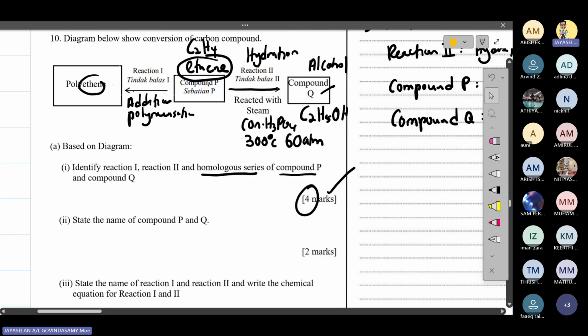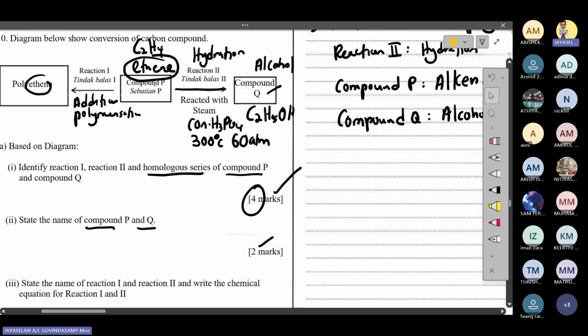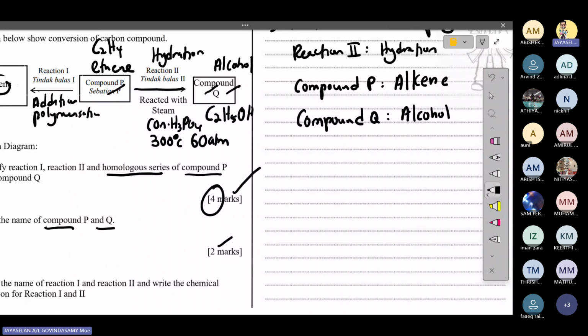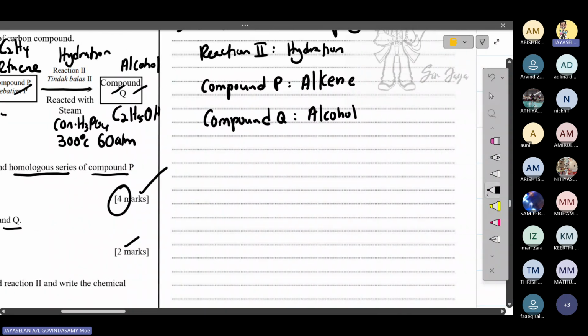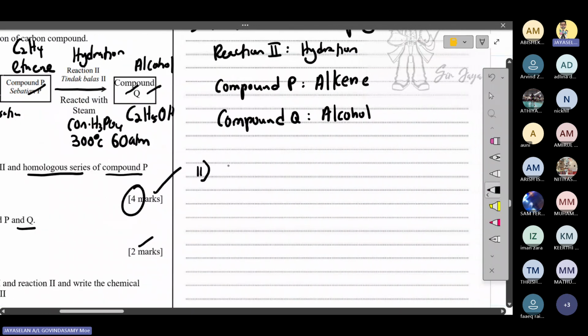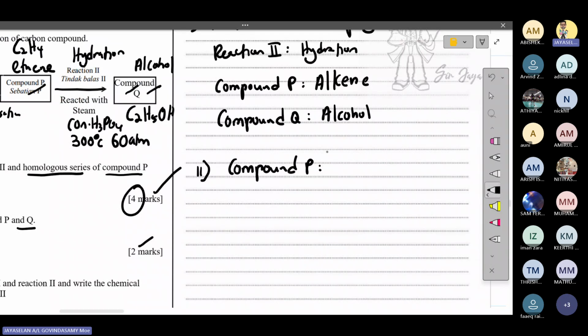Okay, now I want to get the 2 marks. Name compound P and Q, 2 marks. So you already did all the finding here, right? So I put the question number. You must put the question number. Question number 2. I write down compound P. They want the name, so ethene. 1 mark.